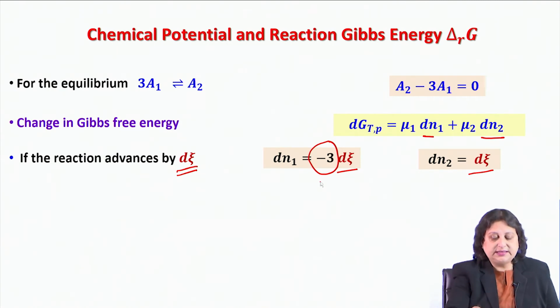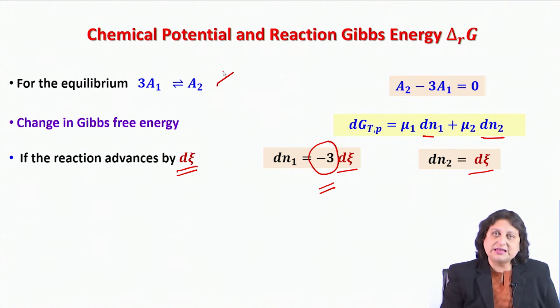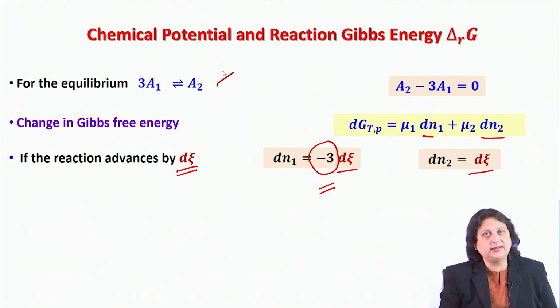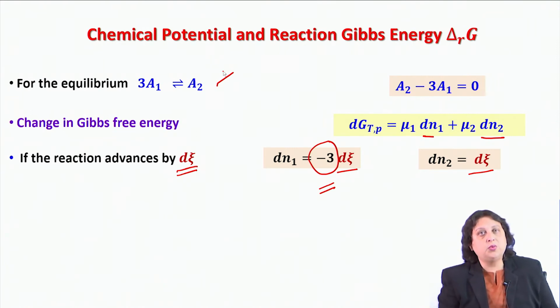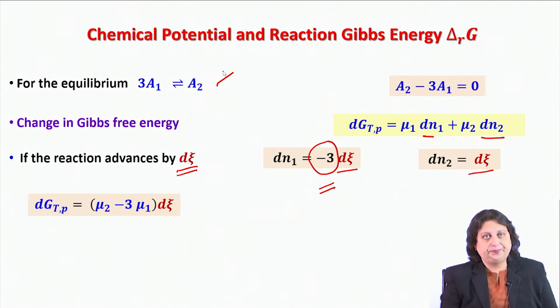And what decides this number? The balanced stoichiometric equation. So I can have, for the same extent of reaction, for every 3 moles of A1 reacting, 1 mole of A2 produced. Therefore, if I have a very small amount d xi of reaction, then dN1 is going to be minus 3 d xi, while dN2 is going to be plus d xi.